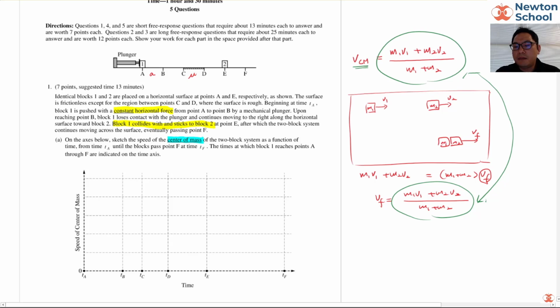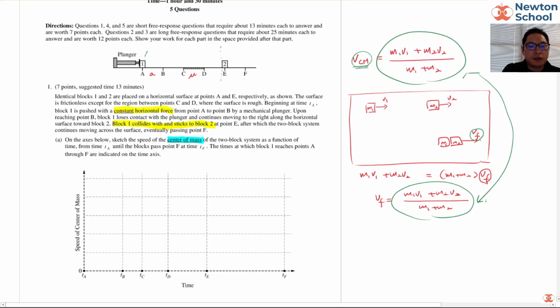You can imagine that if the two blocks combine together, the final velocity is the same as VCM.